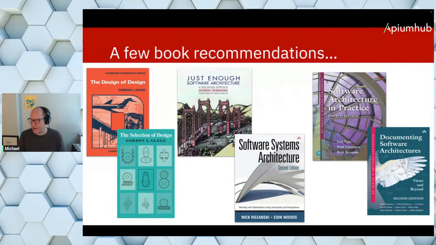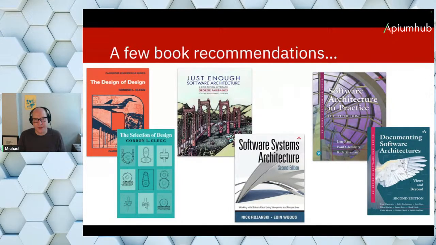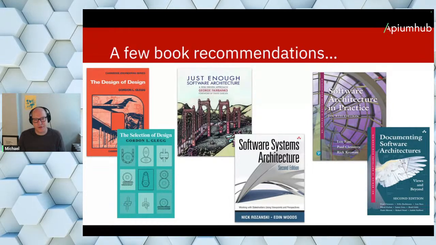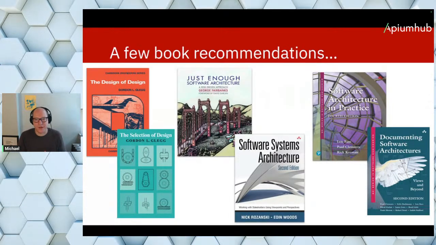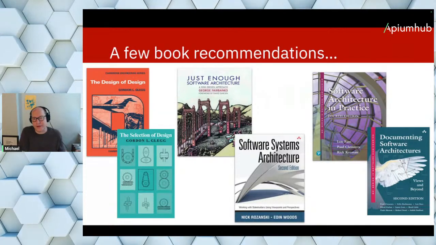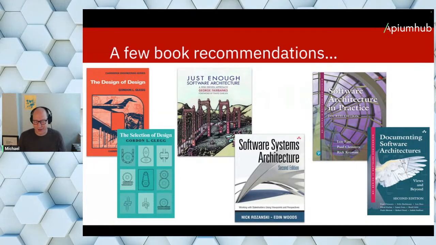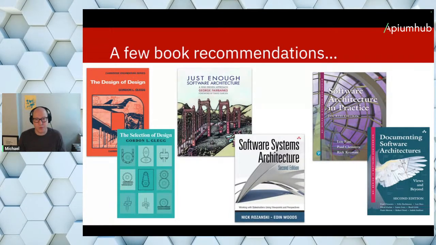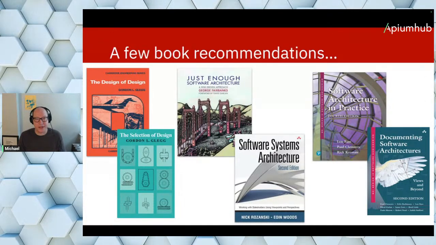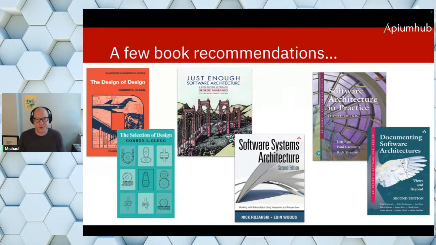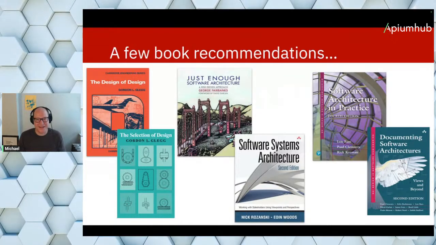There's a series of probably 4 or 5 of them, including The Design of Design and The Selection of Design. They all get into the science of design. If you're curious about those topics, I think Glegg's books are really fantastic for learning more. And he's absolutely hilarious, the stories that he shares from his past. So you should check those books out.